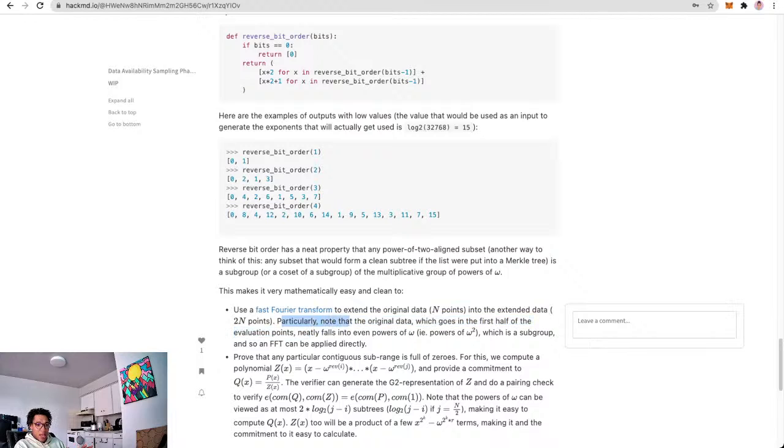Particularly note that the original data, which goes in the first half of the evaluation points, neatly falls into the powers of W squared, which is a subgroup, and so a fast Fourier transform can be applied directly.